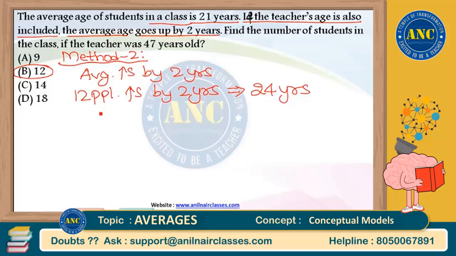And I also know that, can I say that total sum increases by 24 years means 2 years increase means new average age becomes 23 years? That means new average age is 23, means all the 13 people are 23 years right now, including the teacher.